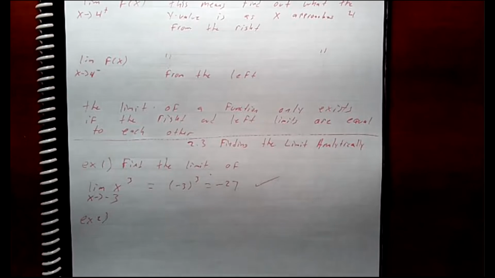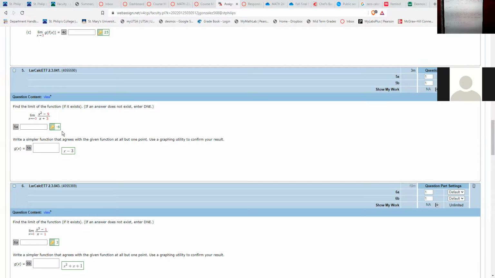Number 5, though, changes. Find the limit of the function, if it exists. Write a simpler function that agrees with the given function at all but one point, using a graphing utility to confirm your result. So basically you're going to use algebra to simplify this and then plug in the number.